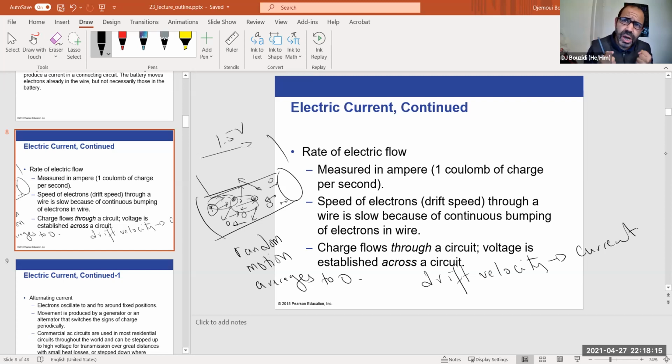Anyway, so this is how conduction happens in materials. Because it keeps on bumping into all kinds of things, that is what actually the resistance is.